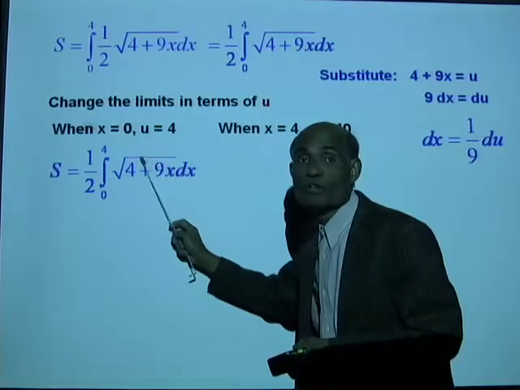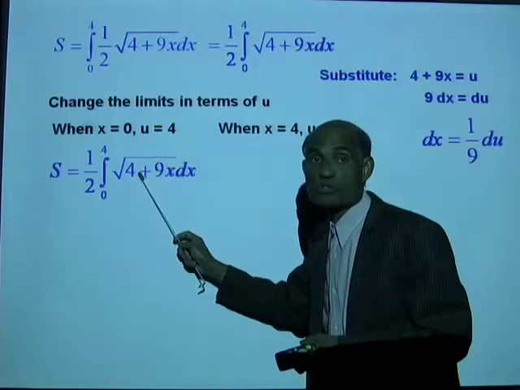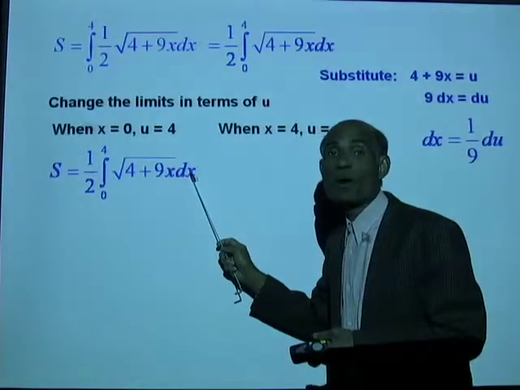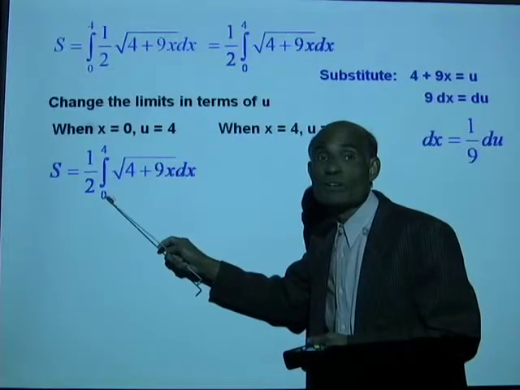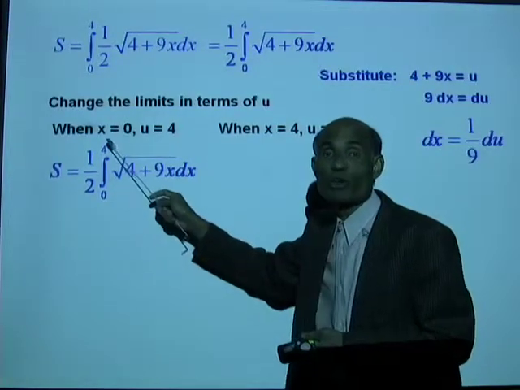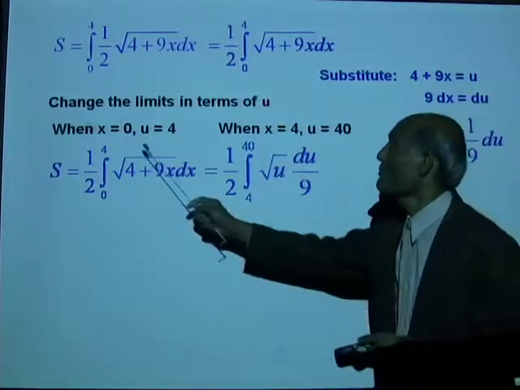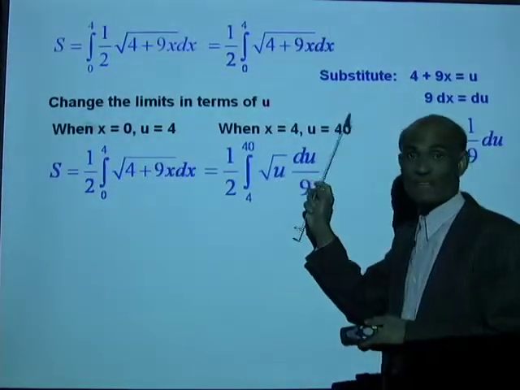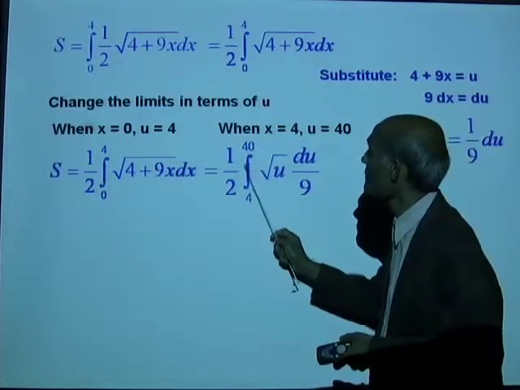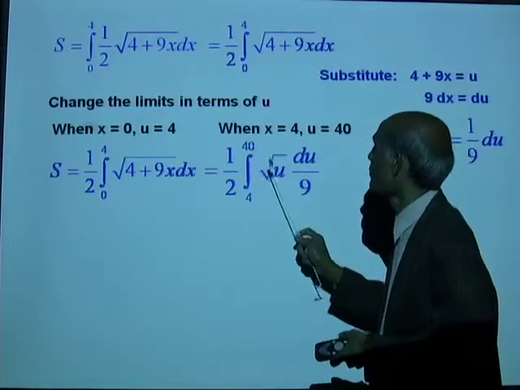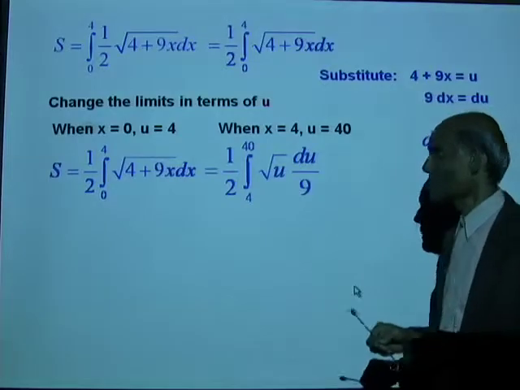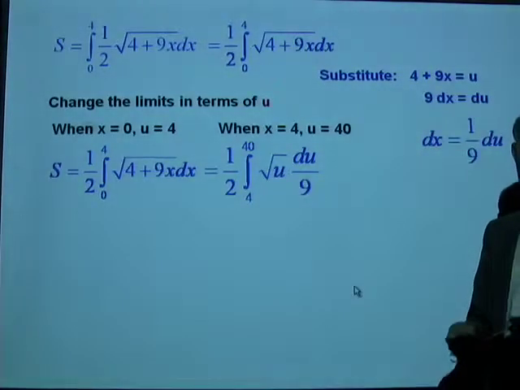Now 4 plus 9x becomes u, dx becomes 1/9 du. The lower limit is now 4, the upper limit is 40. So that is 1/2 integral from 4 to 40 of square root of u du over 9.